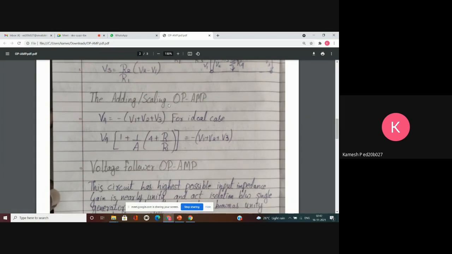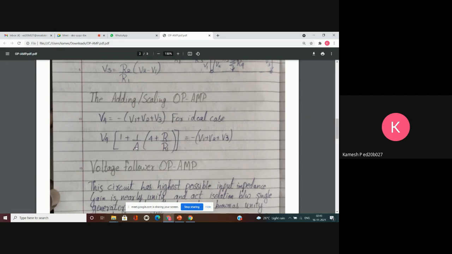And the adding and scaling op amp. For this, the formula is V4 equal to minus of (V1 plus V2 plus V3) for the ideal case, and V4 into (1 plus 1 by A into (4 plus R by RL)) is equal to minus of (V1 plus V2 plus V3).